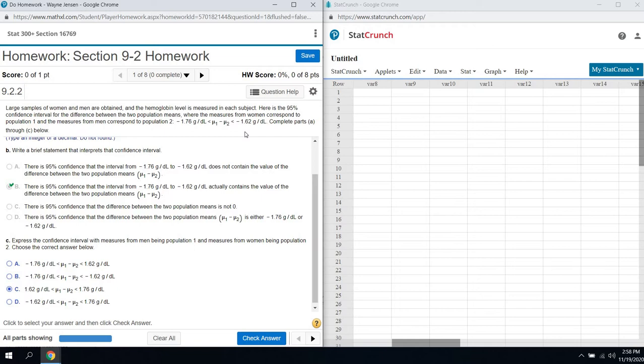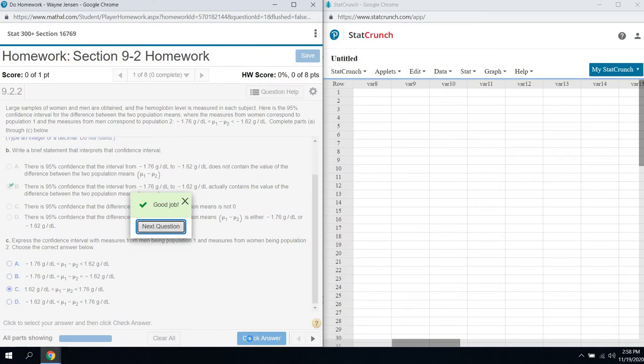That meant that men were higher by as little as 1.62, but more than 1.62 and less than 1.76. If we do men minus women, the answer should be the same numbers but only positive. So they're just making sure we understand what's going on with this question.